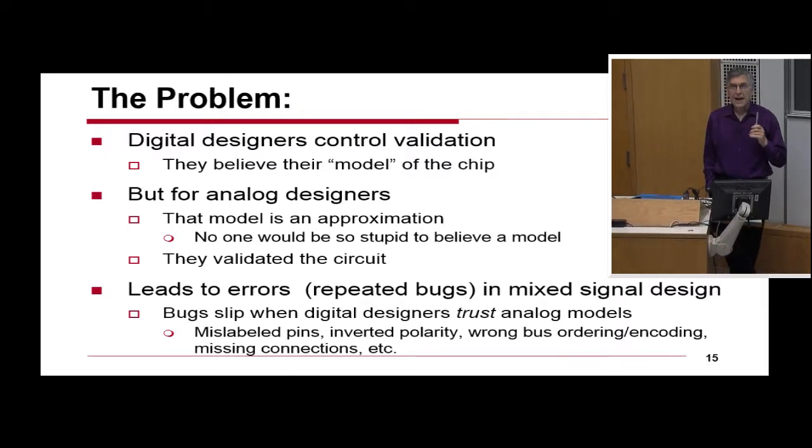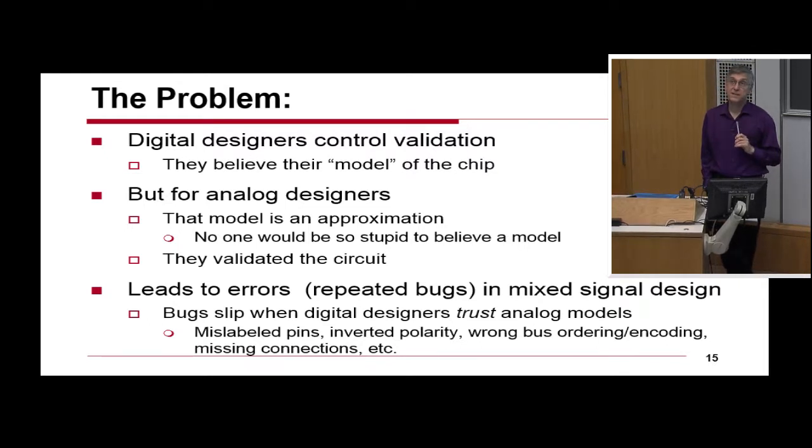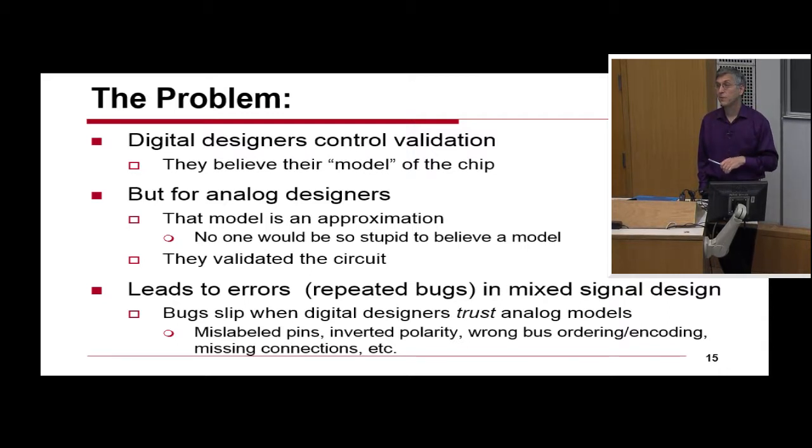I have been involved in a number of companies that have done mixed signal designs, and I have lots of friends who design mixed signal chips. The most embarrassing thing is to design a chip where the whole chip comes back, and the analog works perfectly, and the analog designers are really happy that this complicated Wi-Fi system works.